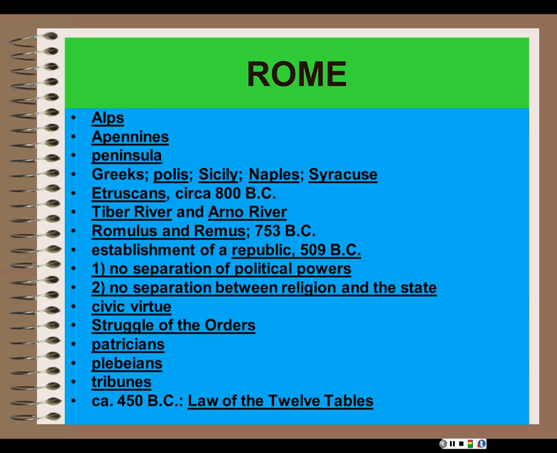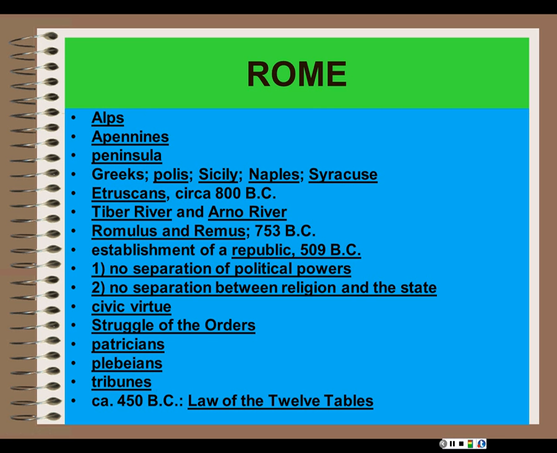So this becomes an important safety mechanism for the plebeians when they feel that they need to make their own struggles and voice heard. They have someone representing them, and those are the tribunes.